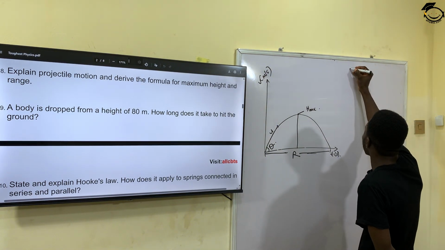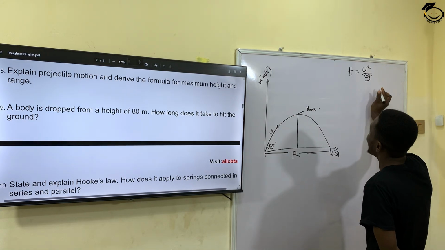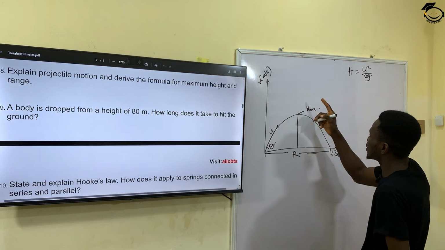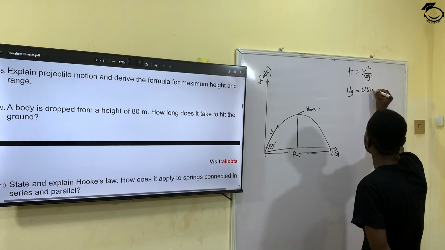Therefore, we know that our maximum height is supposed to give me u squared over 2g. Since this is vertical distance, it means that my uy is equal to u sine theta.